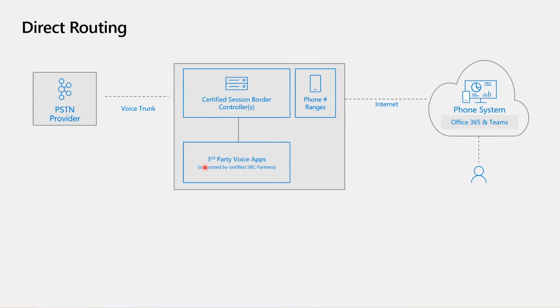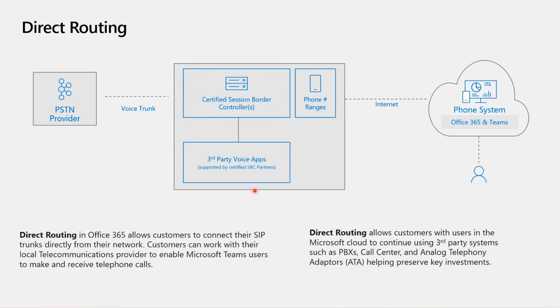And you can also connect third-party voice applications or analog devices to this session border controller. And you can manage them from there and make calls from any of the devices and across between the third-party applications to the phone system in Office 365 seamlessly.